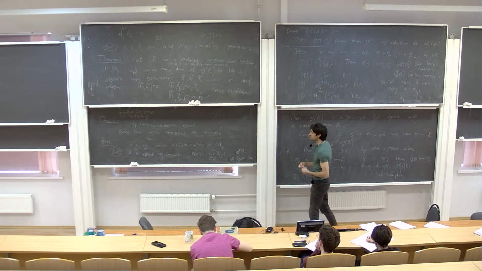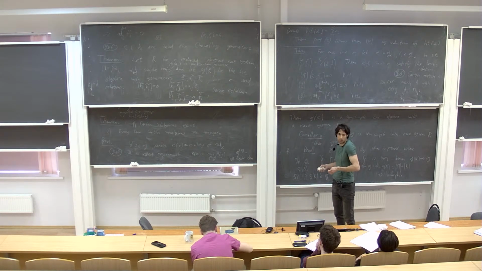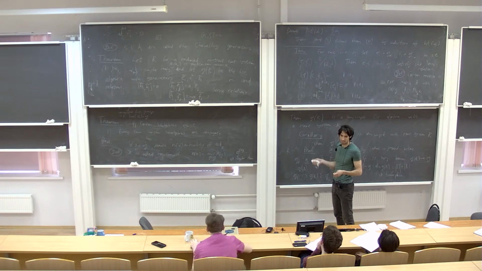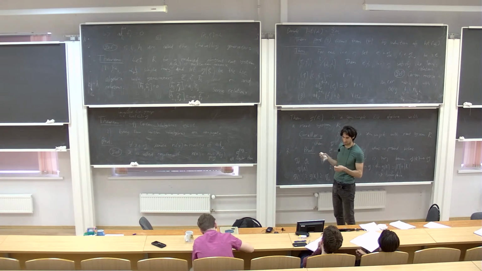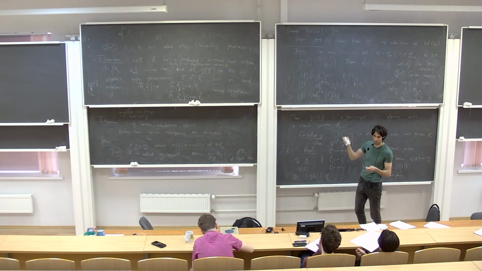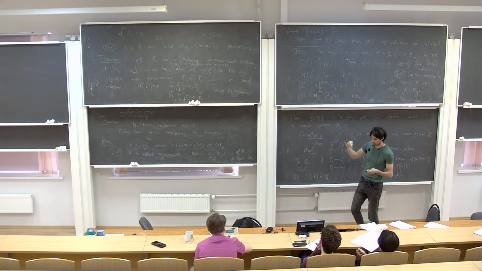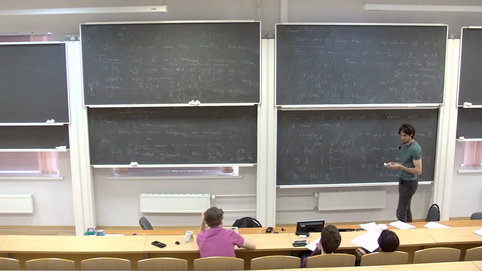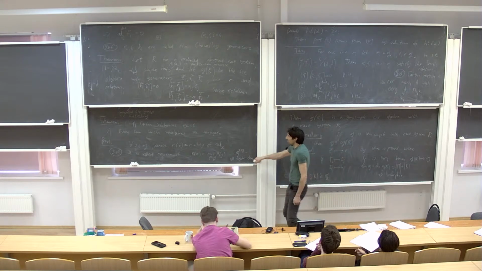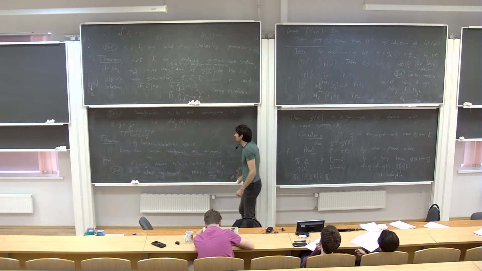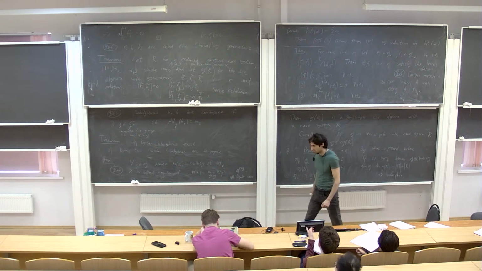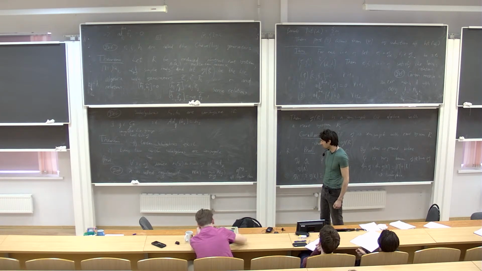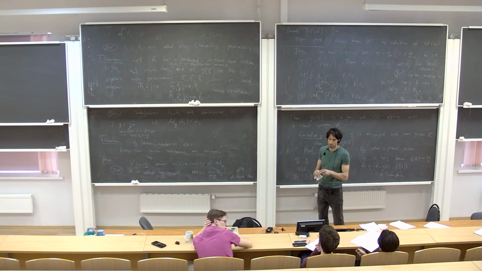You may ask me if this is related to the regular elements that we saw for root systems. They are actually the same if you restrict to h. The intersection of g_reg with h, well, the duals of them, gives you exactly the regular elements in h star. g_reg is something dense and open.